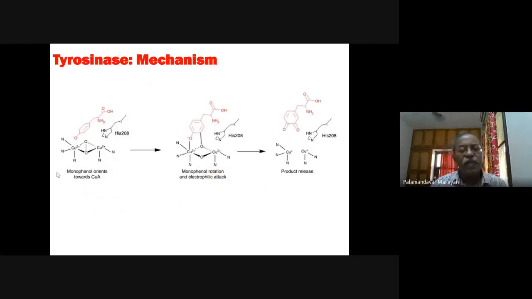Mechanism. See, this is the phenolate. There is a histidine side by side that binds one of the coppers like this. Three histidines, three histidines. This is oxytyrosinase, right? So this CH bond is oriented towards the oxygen like this.